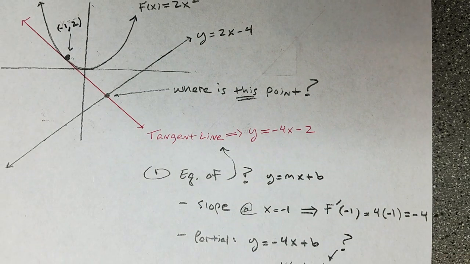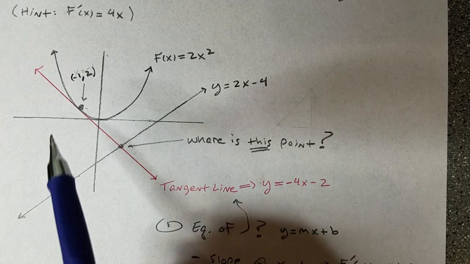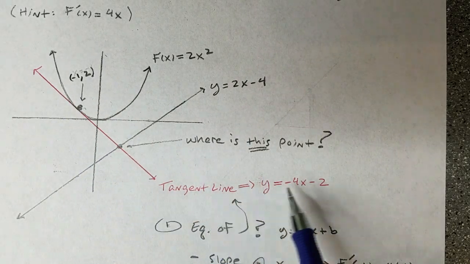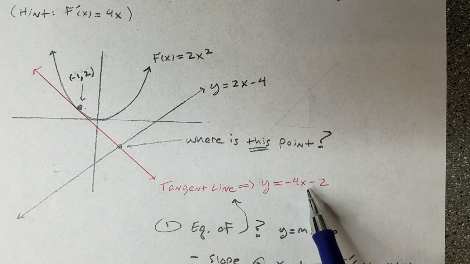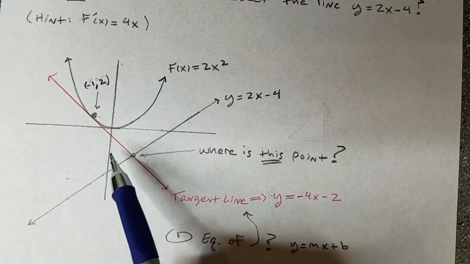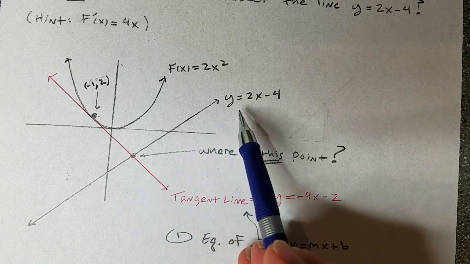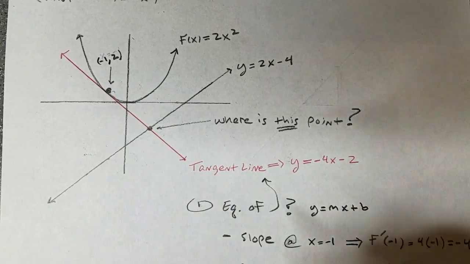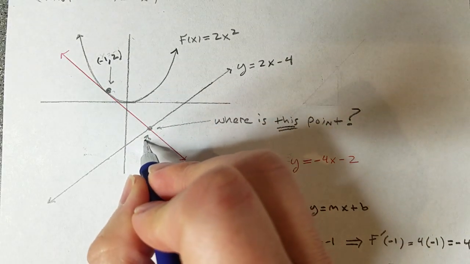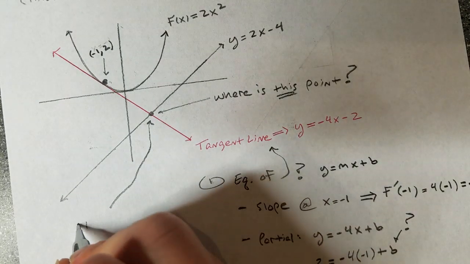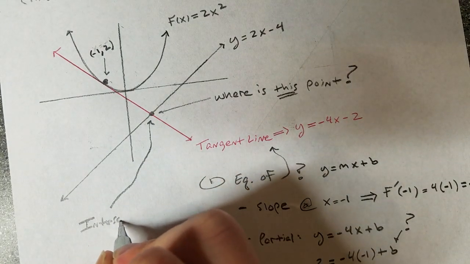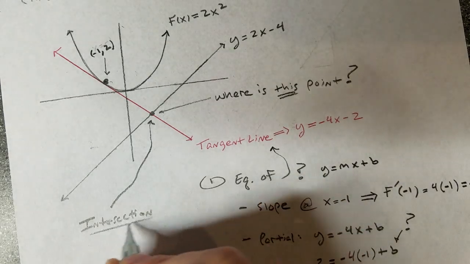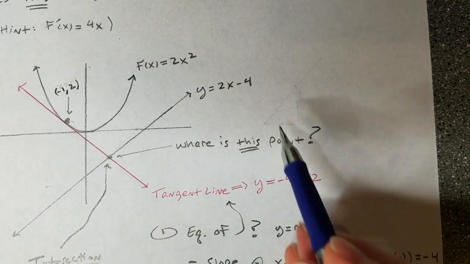Okay? All right. So now our question breaks down to this. It's all reduced into this. This line right here, the tangent line, that has equation negative 4x minus 2, will intersect this line, 2x minus 4, at that point. So let's do it like this. Do you see this point? You can find this point of intersection by just setting these equal to each other.